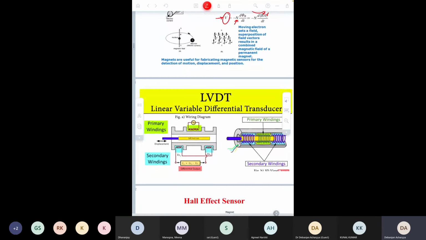And on the basis of this principle, the linear variable differential transducer was made, and here you can see there is a primary winding and two secondary windings. This LVDT is generally used to measure displacement, and you can see there is a soft iron core, which can move back and forth in this way or in this way.